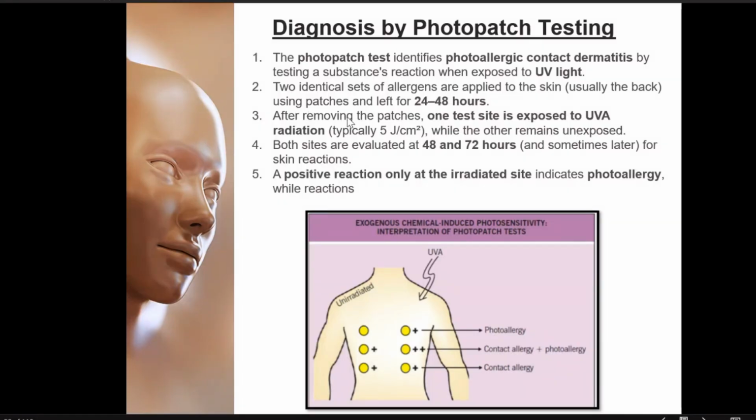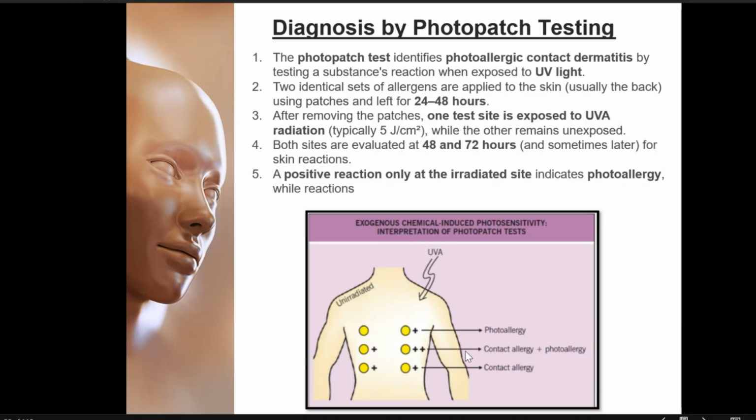After removing the patches, one test site is exposed to ultraviolet A radiation, normally 5 joules per square centimeter, while the other remains unexposed. Both sites are evaluated at 48 to 72 hours for the skin reaction. A positive reaction only at the irradiated site indicates photoallergy.